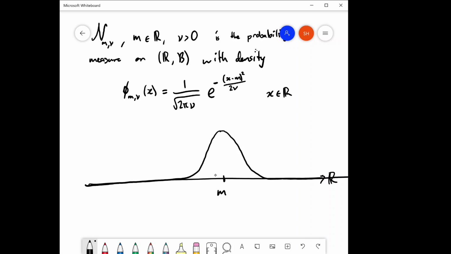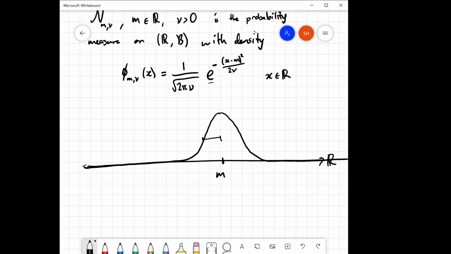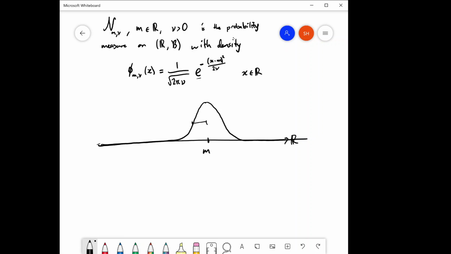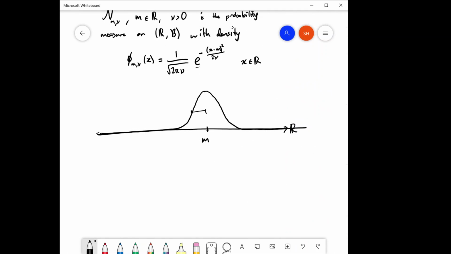This is an exponential of a real number, so it's always going to be positive, but it decays incredibly quickly as you get far away from m. And nu here determines roughly how wide this is. The larger the value of nu, the wider this is, and therefore the shorter, the flatter it is too.